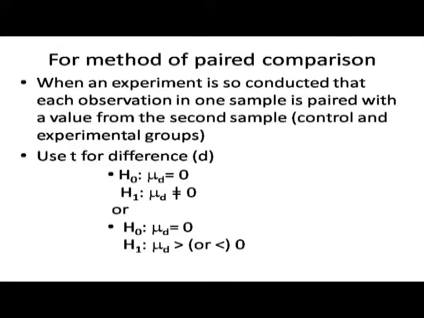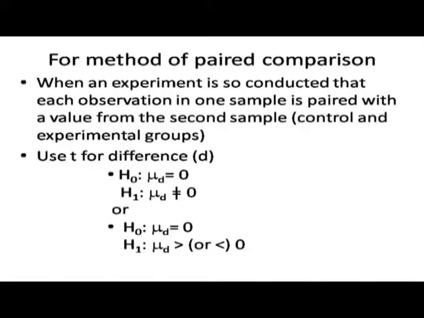For method of paired comparison, one by one, an experiment is so conducted that each observation in one sample is paired with a value from the second sample, control and experimental group, before and after type.